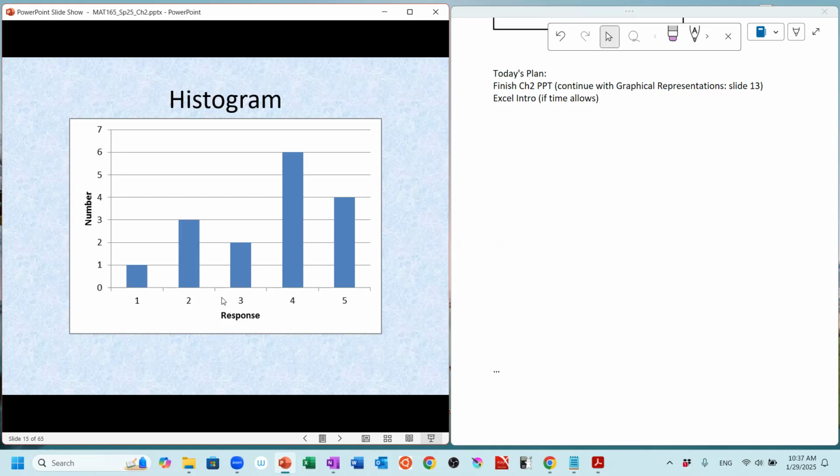I could have just as well made a histogram of the favorite beverage. So the class listing, or in this case, the horizontal axis, doesn't need to be numerical or have an order or anything like that. But my frequencies always will, because with my frequencies, I'm counting the number of data points that are in each bin.